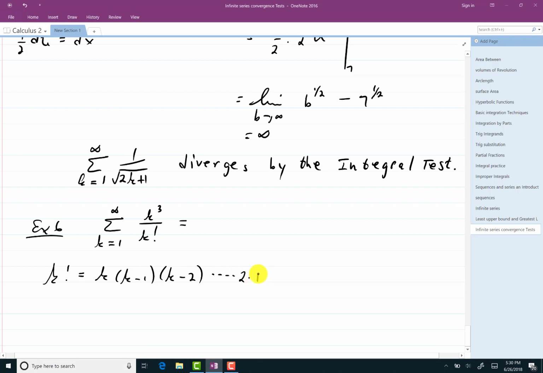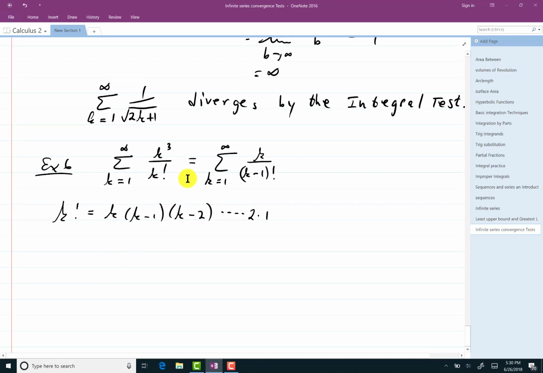That's what k factorial is. So what you're going to have here is this series, k equals 1 to infinity, and I'll take out a k, so I'll get k over k minus 1 factorial. If I take the k away, then I still have k minus 1, k minus 2, all the way down to 1.